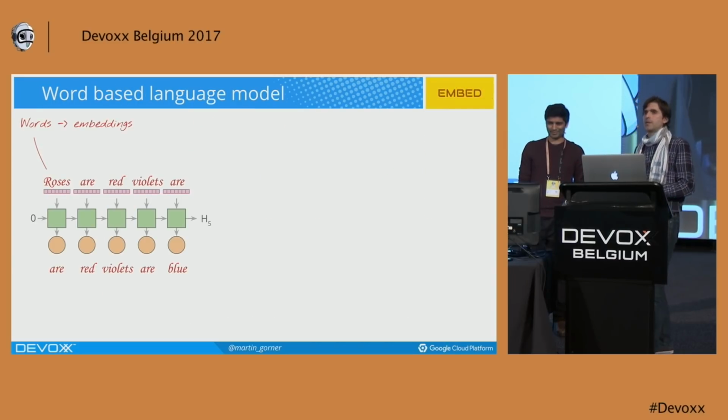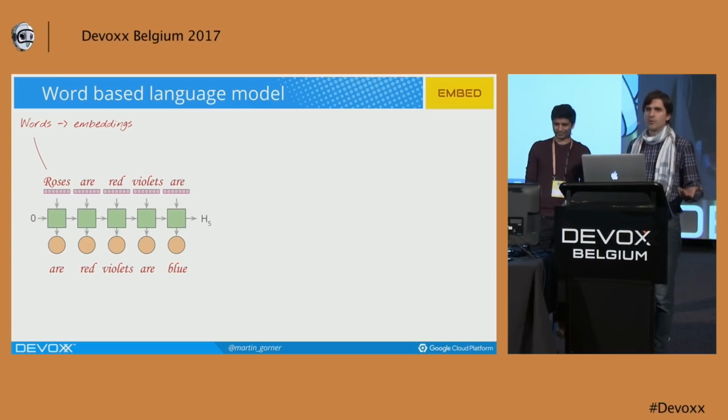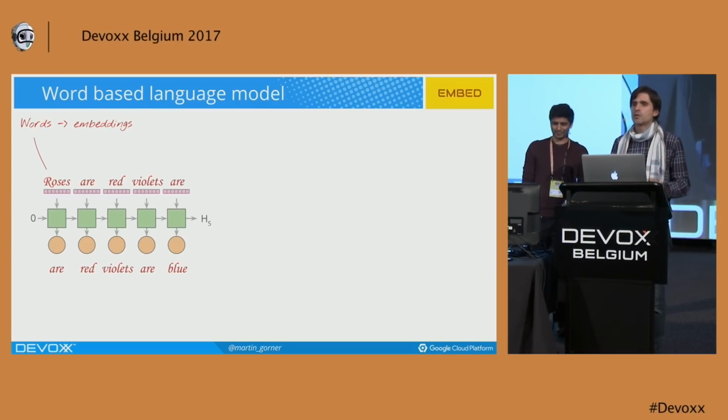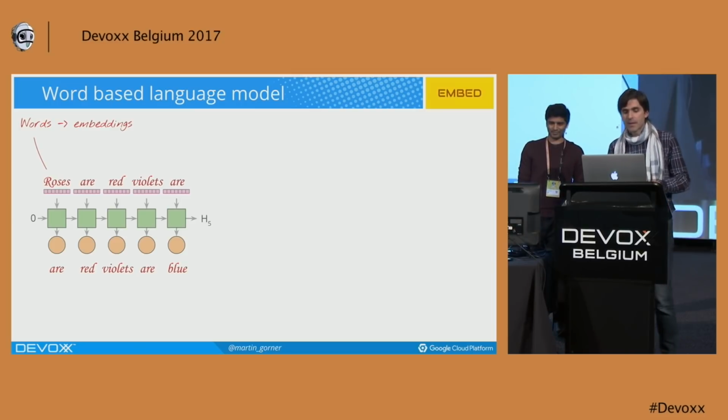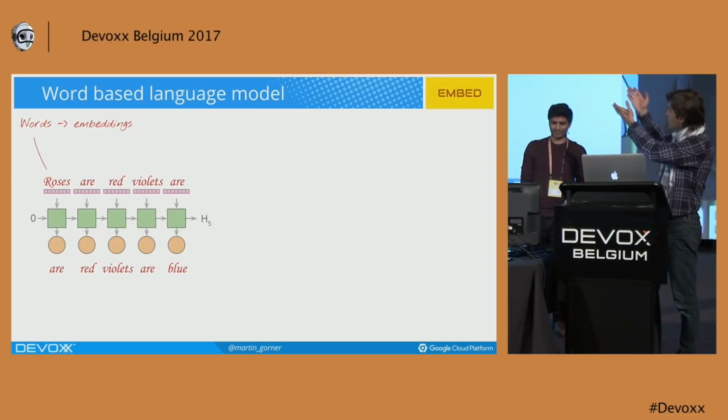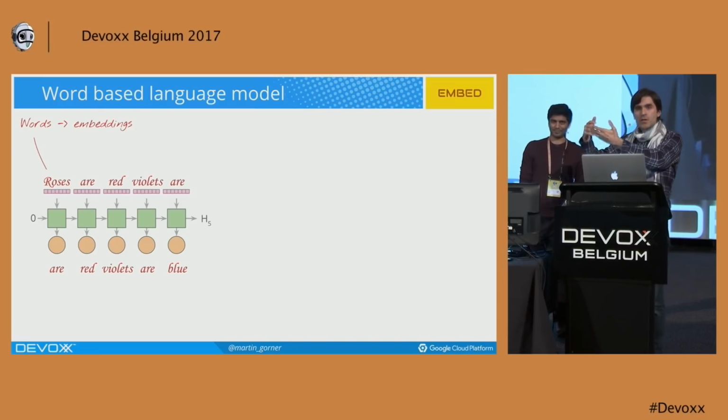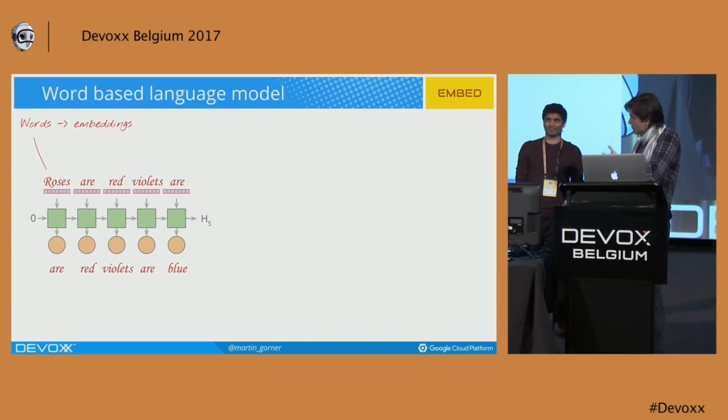And now what we can do with it is, for example, build a word-by-word language model in the same way as we built a character-by-character language model previously. We can embed words into vectors, feed them through the exact same neural network we had previously, and, for example, train it to predict the next word in the sentence.